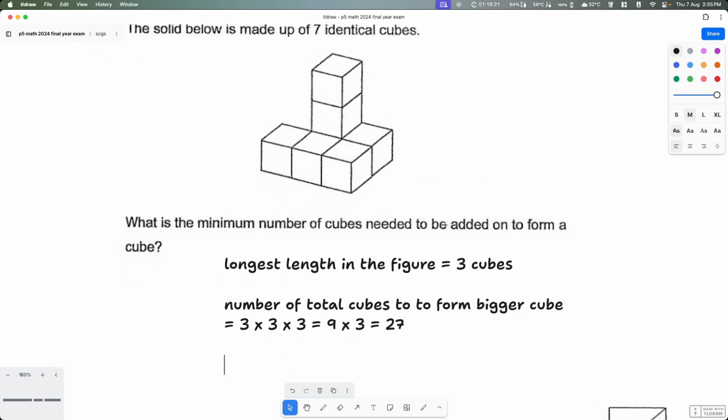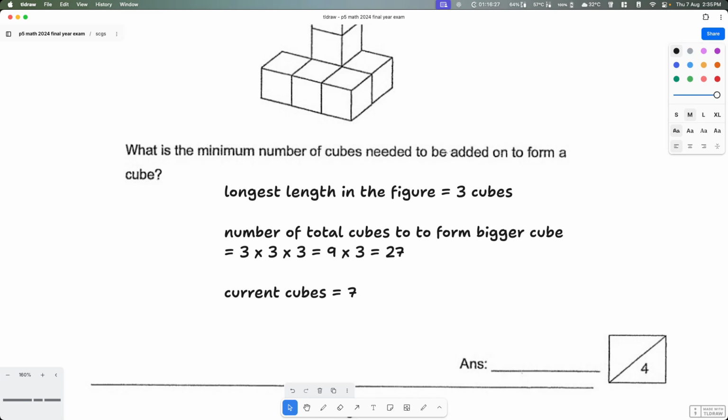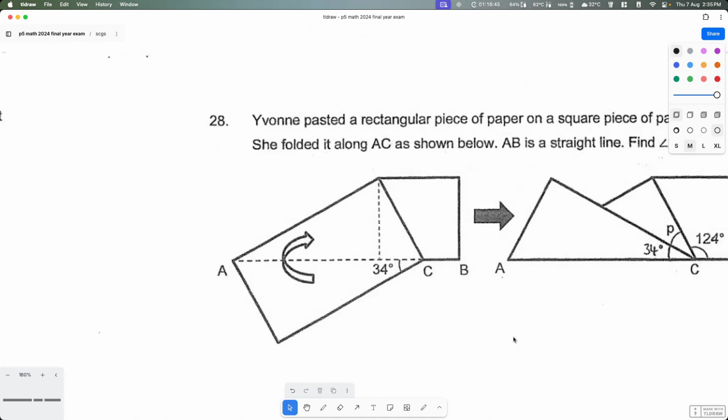We have current cubes equal to 7. So additional cubes needed is equal to 27 minus 7, which is equal to 20. So the answer to this is 20. That's it. All right, let's move on to the next question.